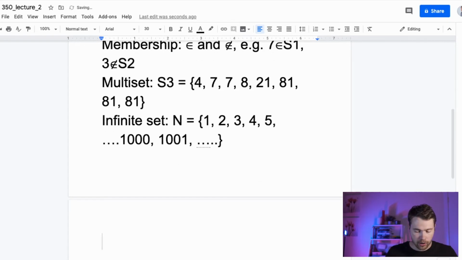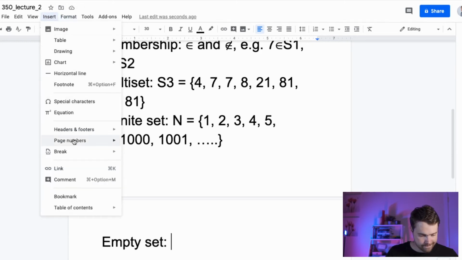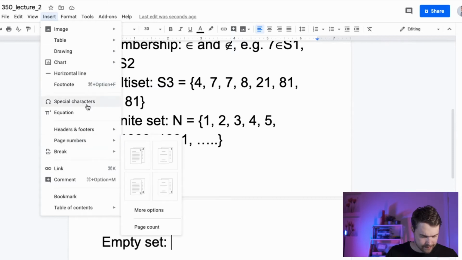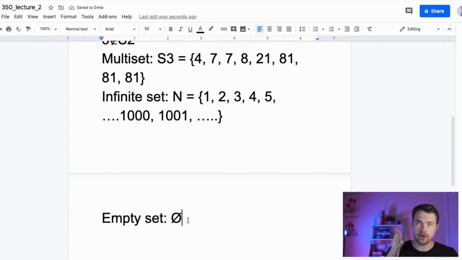Okay, moving on. Empty set. We usually denote it using this symbol. Special character. Yep, this guy. So it's basically kind of like a 0 which is crossed, right? Empty set. So what is an empty set? An empty set is a set which is empty.